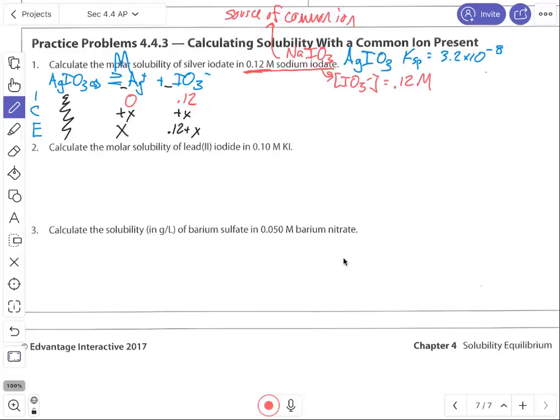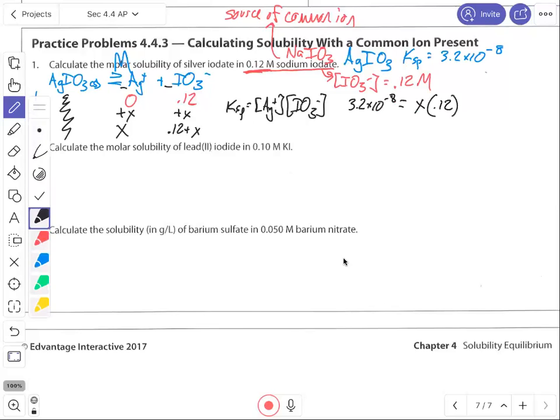So my KSP expression would just be Ag plus times iodate minus, and plugging in the numbers, I've got 3.2 times 10 to the negative 8th. My Ag is X, and I am making the assumption that my iodate is just going to be 0.12.